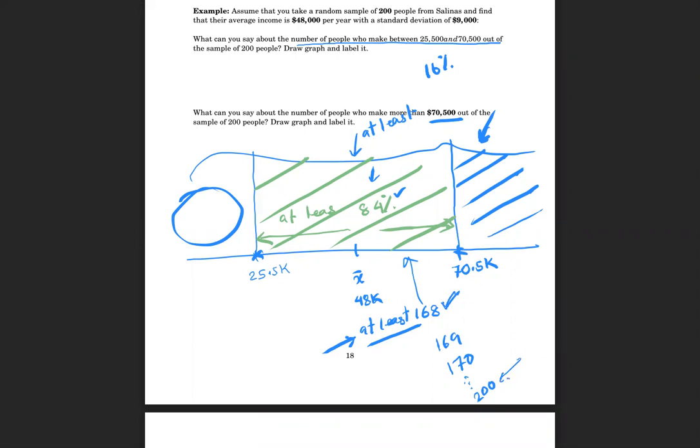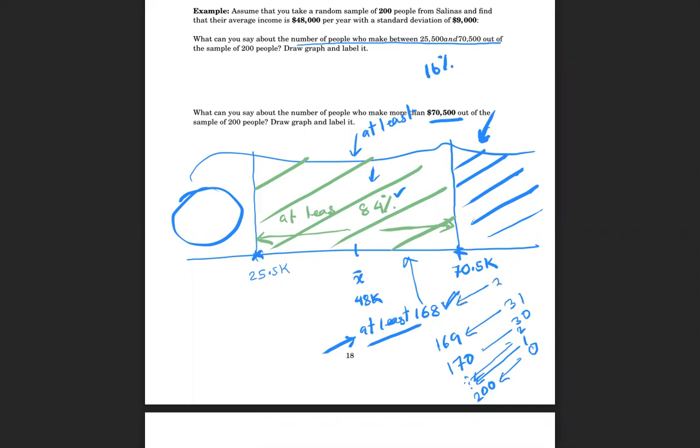Then what is outside? 0, isn't it? What if 199 people are in the middle? What is outside? 1. What if 198 people are in the middle? What is outside? 2. And dot, dot, dot. What if 170 people are in the middle? What is outside? 30. What if 169 people are in the middle? What is outside? 31. What if 168 people are in the middle? What is outside? 32.